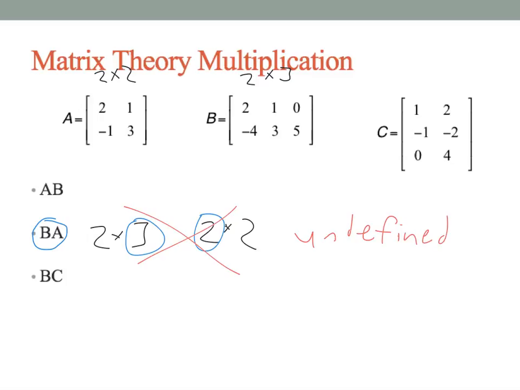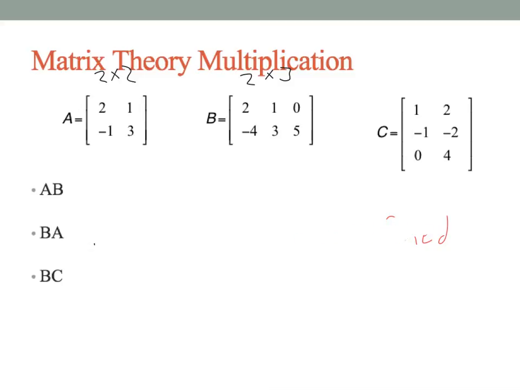Alright, so now we can just go ahead and move on to the third problem. Alright, looking at B times C. B is a 2 times 3. C is a 3 by 2.